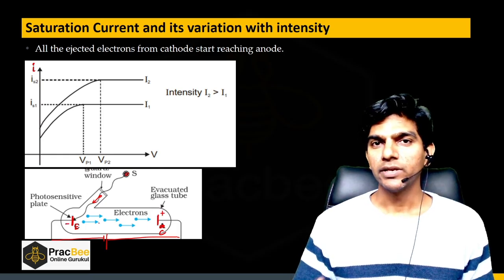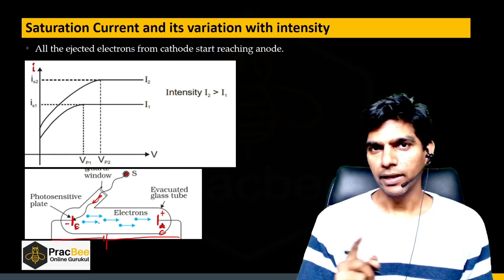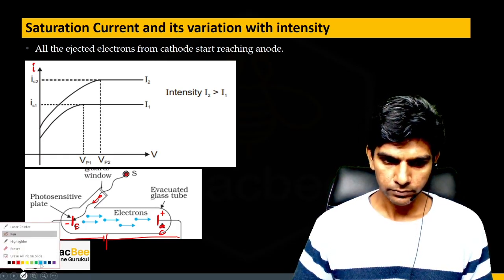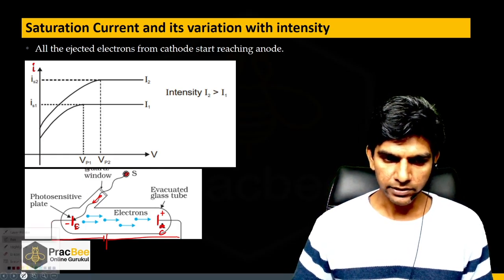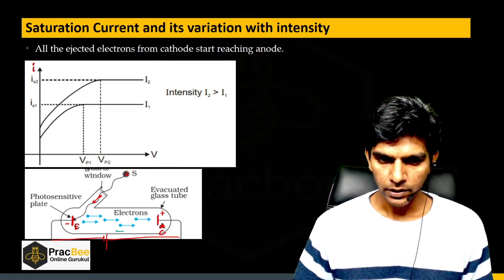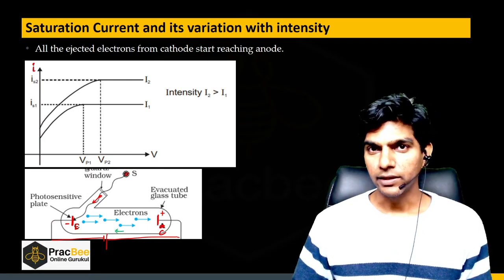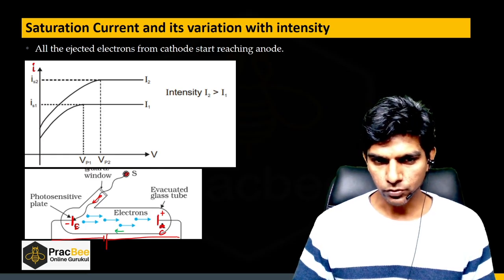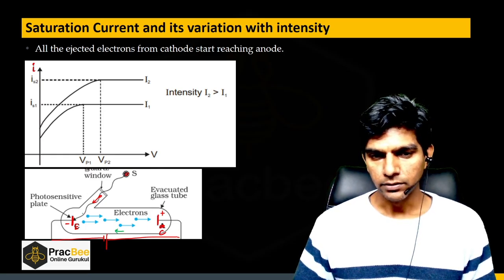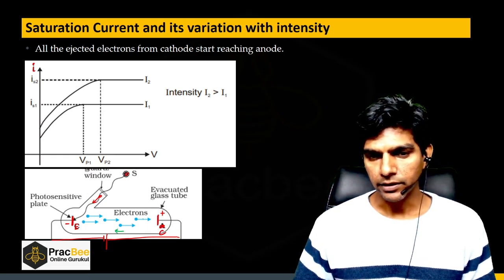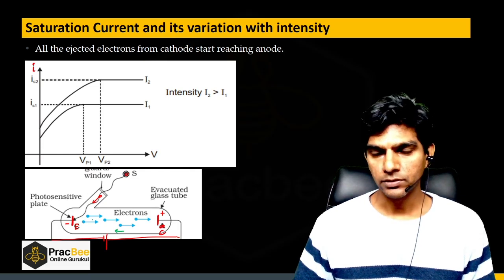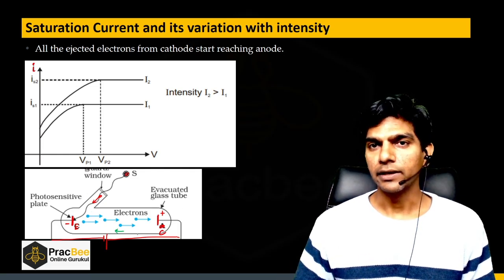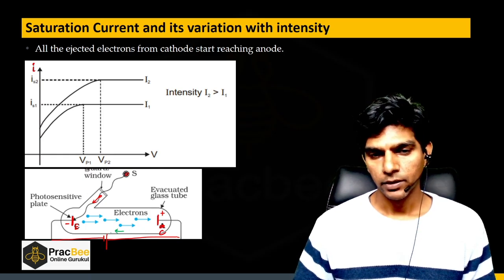Due to this potential difference between the emitter plate and the collector plate, there will be an electric field. The electric field is in the left direction. This electric field will exert force on the photoelectrons in the opposite direction. So as the photoelectrons come out of the emitter plate, there will be a force in the right direction, and these photoelectrons will accelerate to the right and get collected by the collector plate.